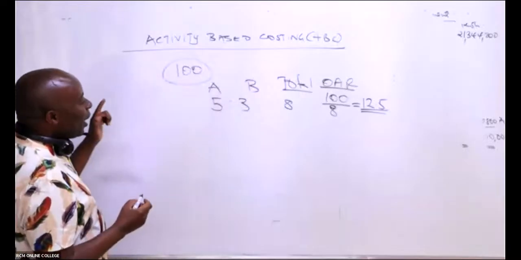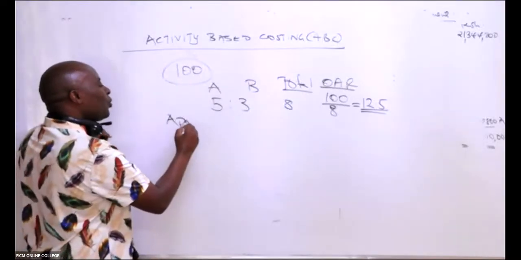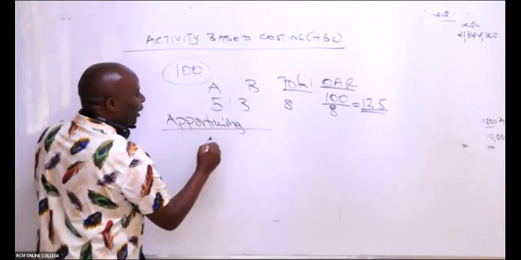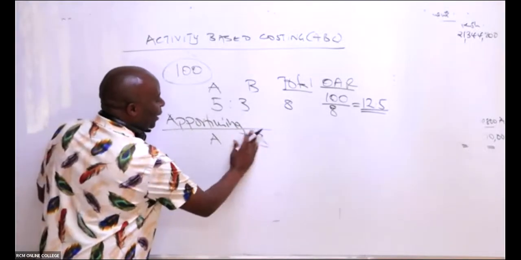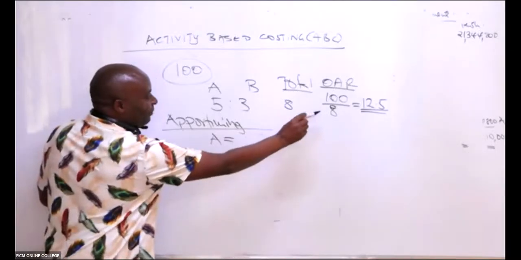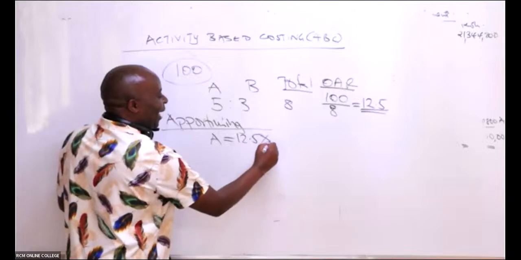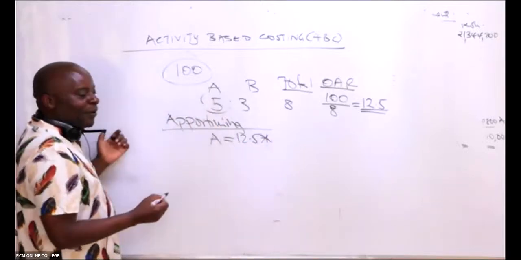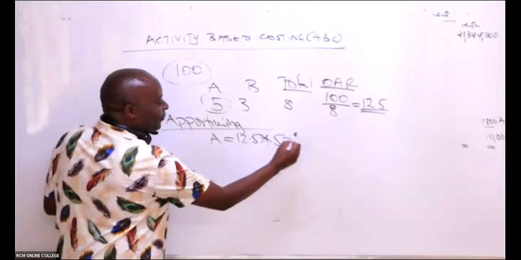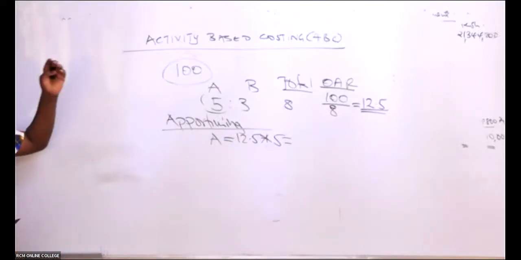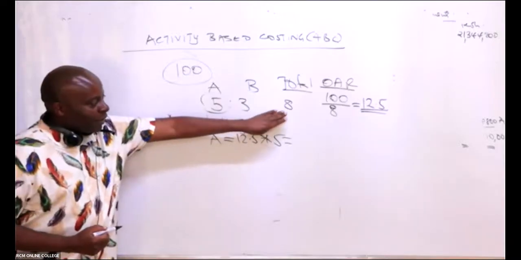So that when I'm now apportioning the money, instead of using the fraction approach, I will say A is supposed to be consuming 12.5 per unit. But A has got how many units here, somebody? 5. A has got 5. In the OAR approach, you take the total overhead and divide it by the total activity units.